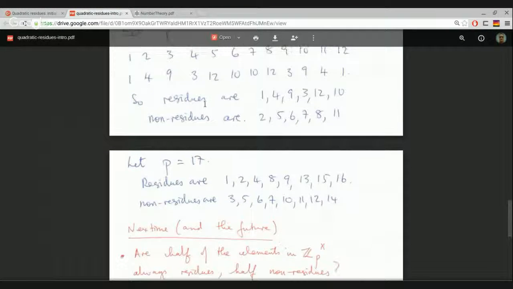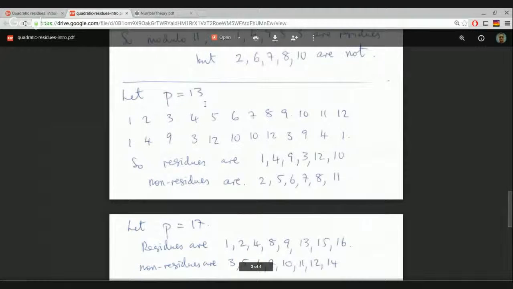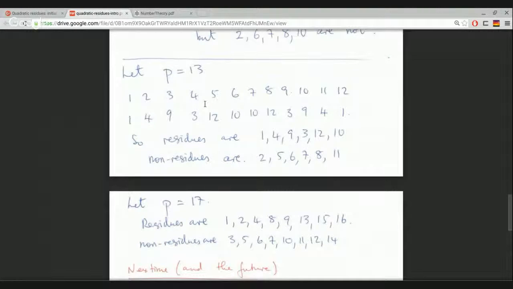The kind of mystery, or the suspicion that there might be something going on that needs to be understood, is how can you tell which numbers are going to be residues, apart from the obvious ones, which are already squares? How is it that some numbers are residues and some numbers aren't? And is there any way to understand what's going on there?